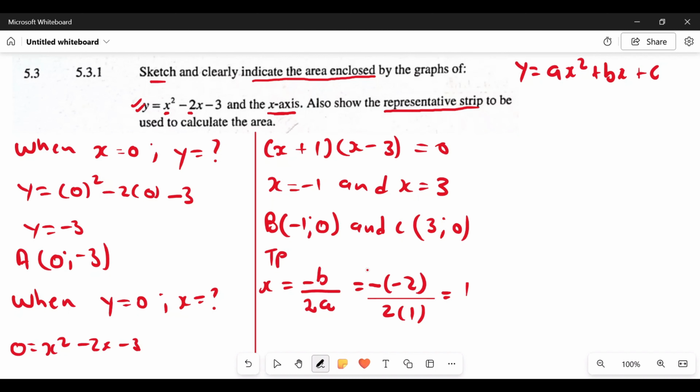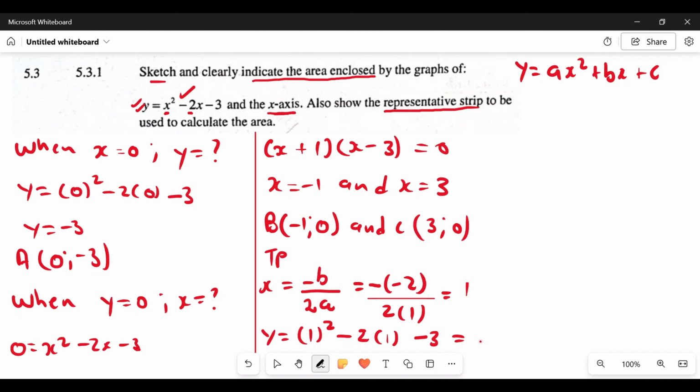Right, so now that we know what x is, it's time for us to find the y value. Guys, when you find the y value of a turning point, you substitute the x value of the turning point into the original equation. So let me just substitute very quickly. We know that y is equal to, wherever there is x, we substitute the value of the turning point, which is 1 squared minus 2 multiplied by 1 minus 3.